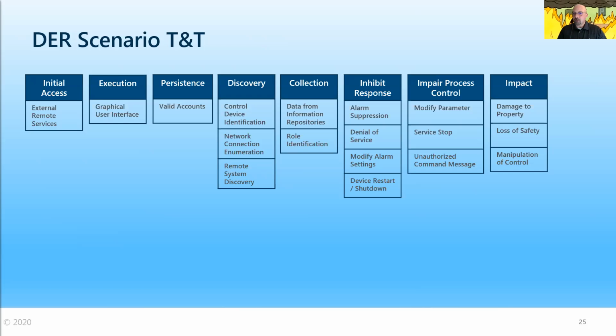Impaired process control. You can modify parameters if you have access to the system. You could stop services. You could send unauthorized command messages, because obviously you're not authorized to do commands, so those things would be unauthorized. Also, depending on the protocols, if they are unauthenticated protocols, that might also be a case. And then, lastly, the impact: damage to property, loss of safety.